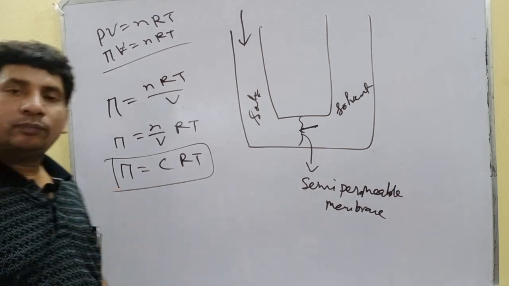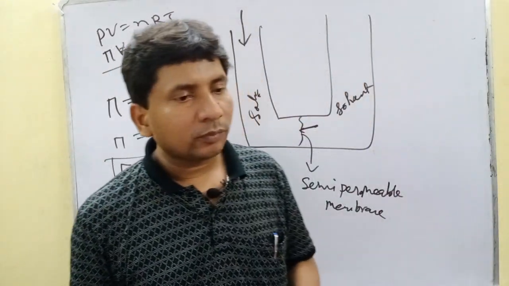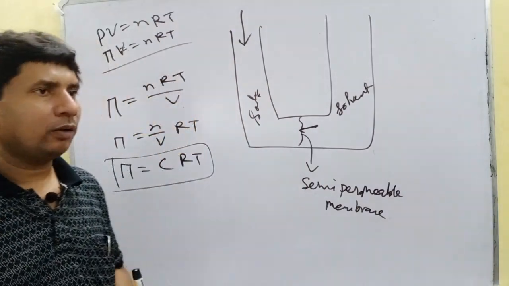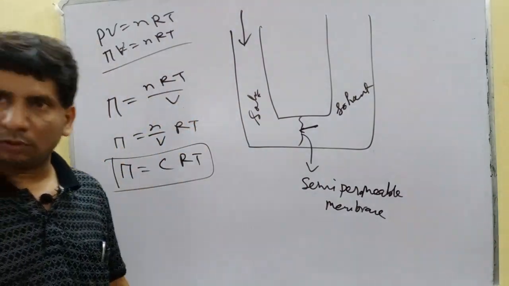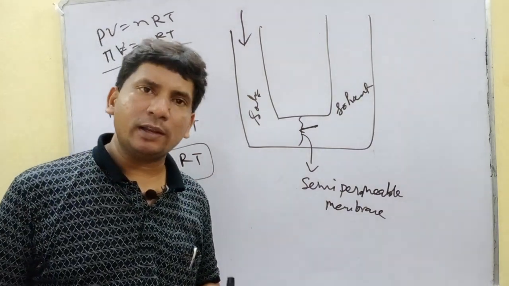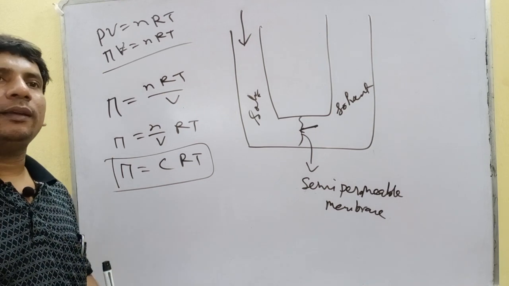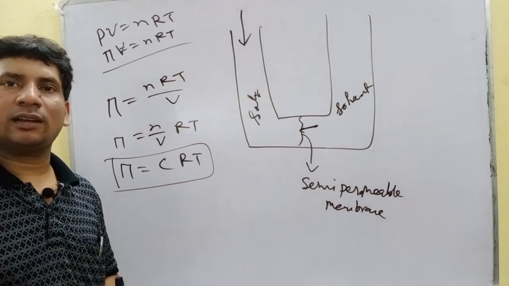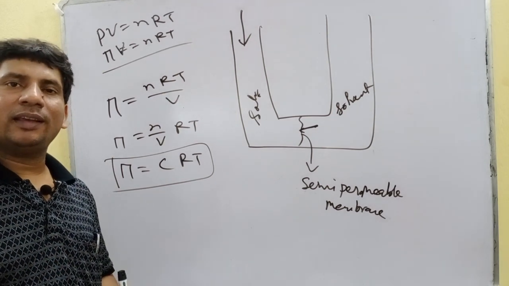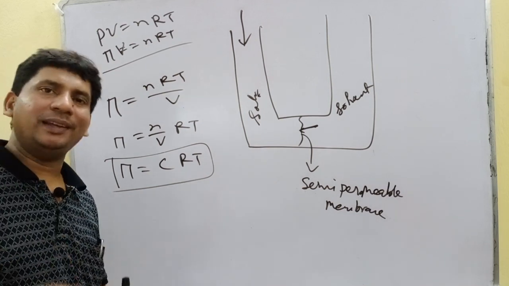Another thing: in colligative property, the relative lowering of vapor pressure, we use the mole fraction of the solute. In depression of freezing point and elevation of boiling point, we use molality, because molality does not change with temperature. For this reason, in temperature related problems, we use molality.